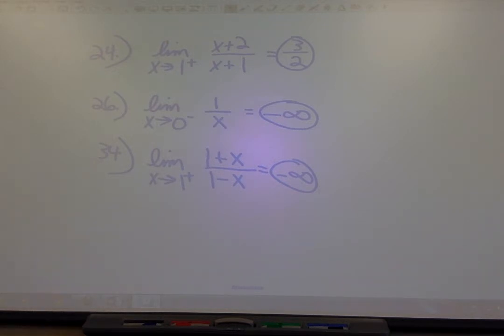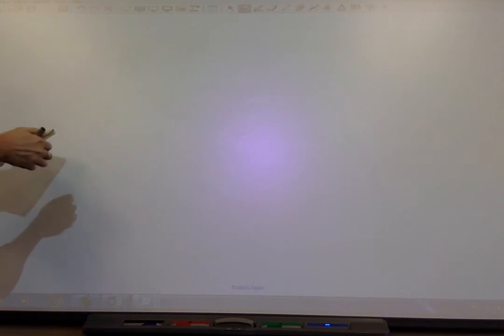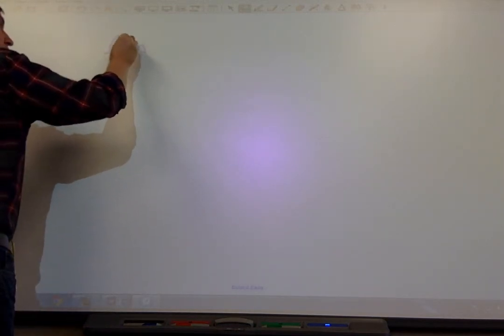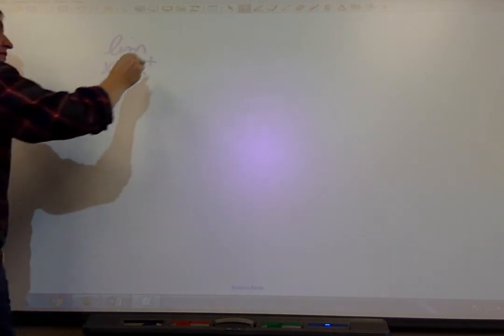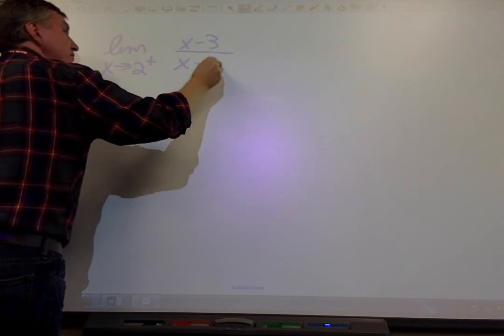What if we said, how about this one? I could just make one up. Maybe I've exhausted all the clear examples. Let's see. Here's a good one. What if we said the limit as x approaches 2 from the right-hand side of x minus 3 over x minus 2?